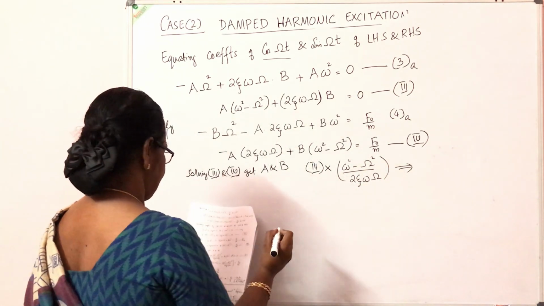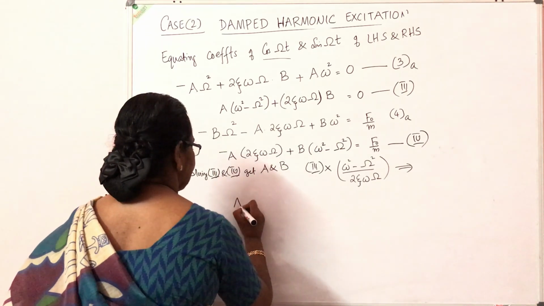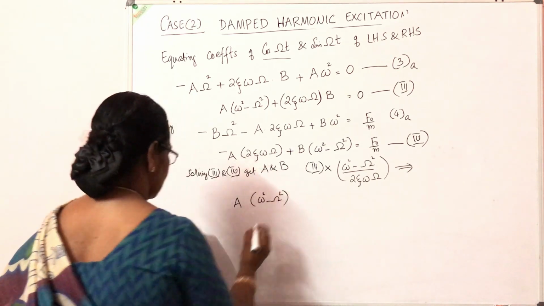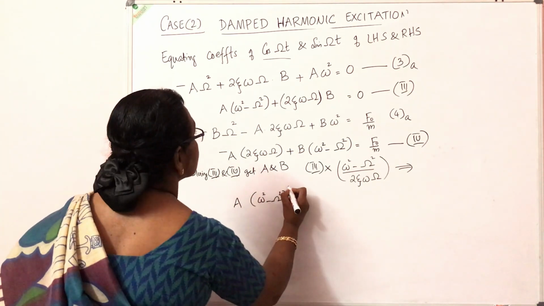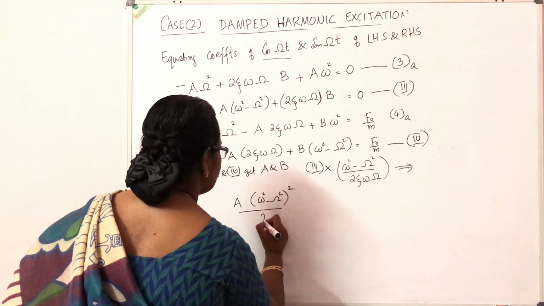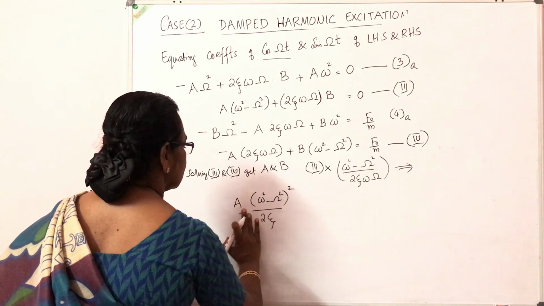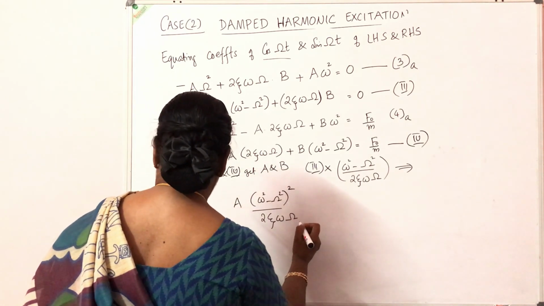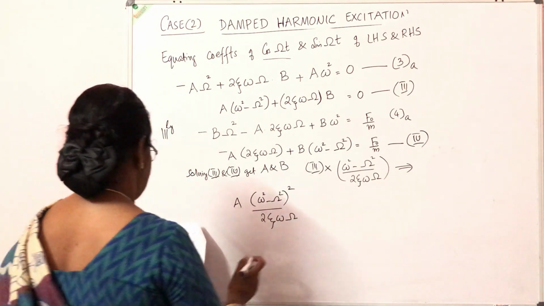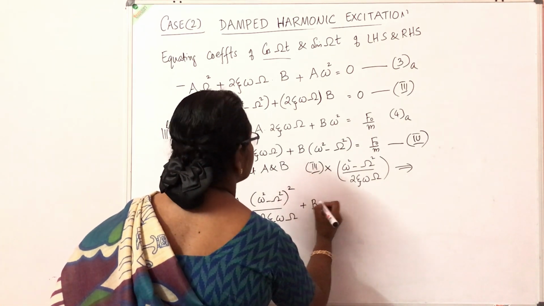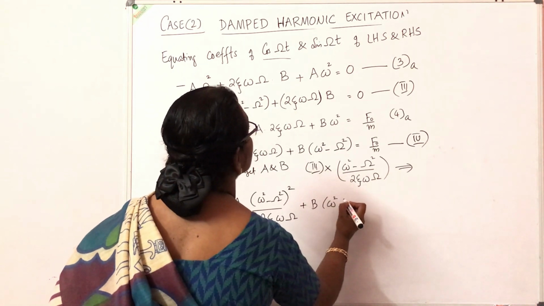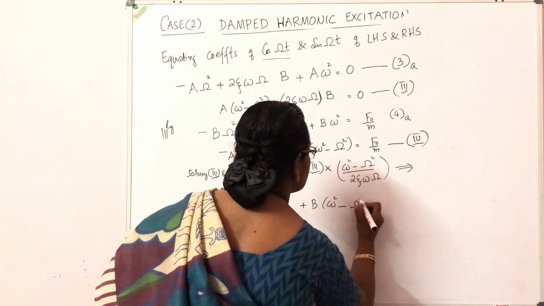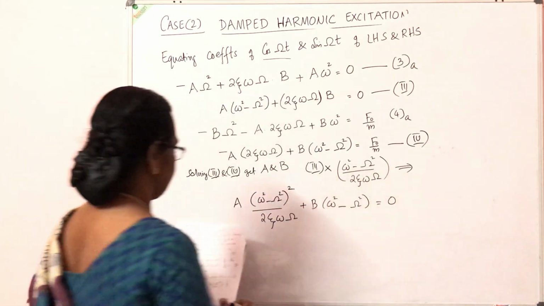That equation will become A into (omega square minus capital omega square) the whole square, divided by 2 psi omega capital omega, plus B into (omega square minus capital omega square) is equal to 0.